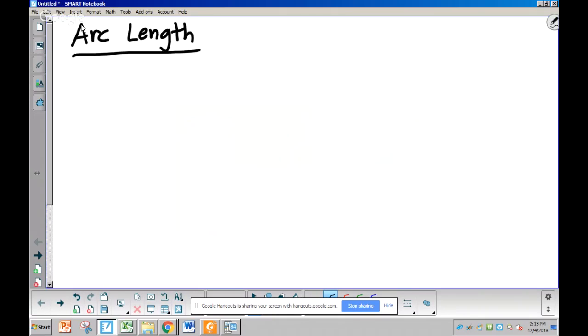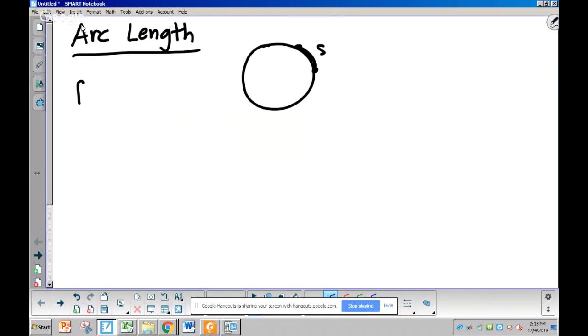Where have we heard arc length before? Circles, haven't we? The arc length of a circle. This would be an arc length, yes? And we call it S. Arc length. Okay, so that's the length of a curve.